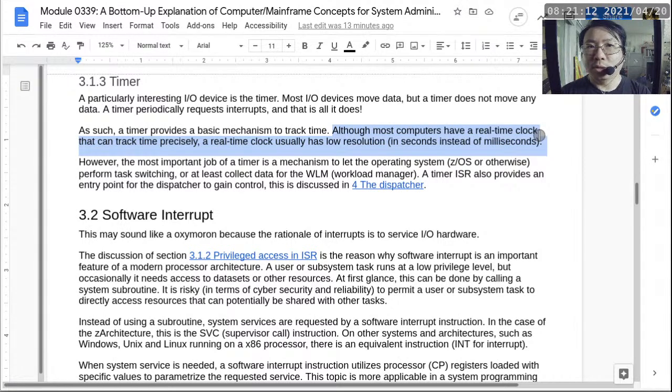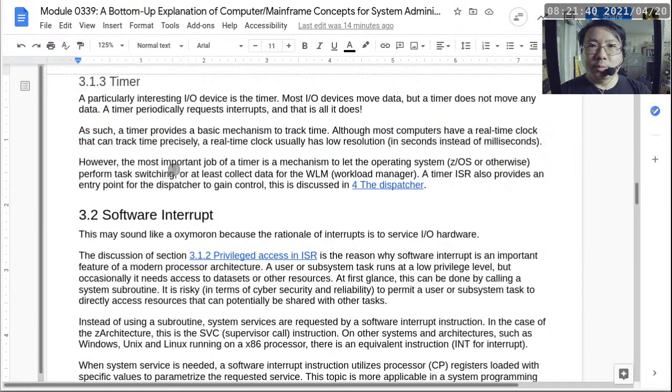In other words, you cannot use the real-time clock and say, how many milliseconds have passed? I don't know. I can only count in seconds. So that's why the real-time clock is not particularly useful when we need the timing resolution to be in tens, possibly 100 of milliseconds, but definitely not in number of seconds.